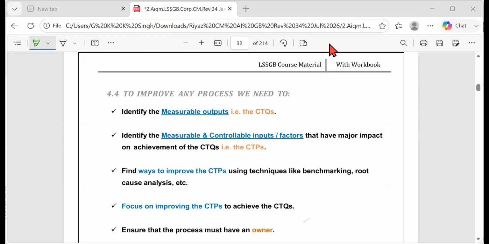So effectiveness is okay. But efficiency, when we are talking in Six Sigma, we are saying achieving the same result by using fewer resources. What are the resources? Resources are the 5 M's: men, money, material, machine, method.